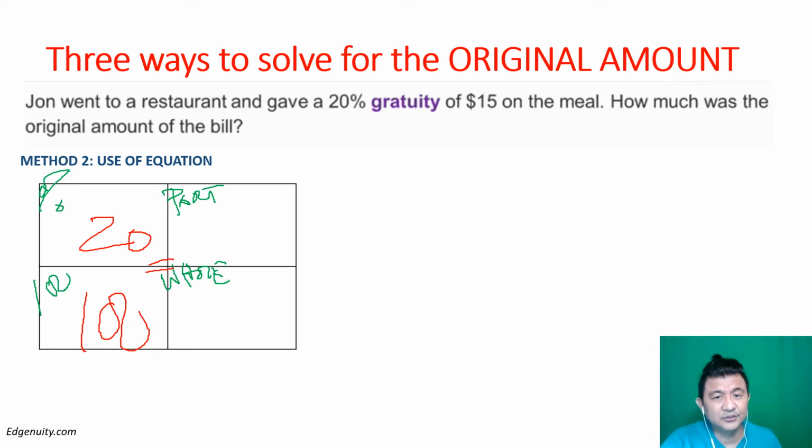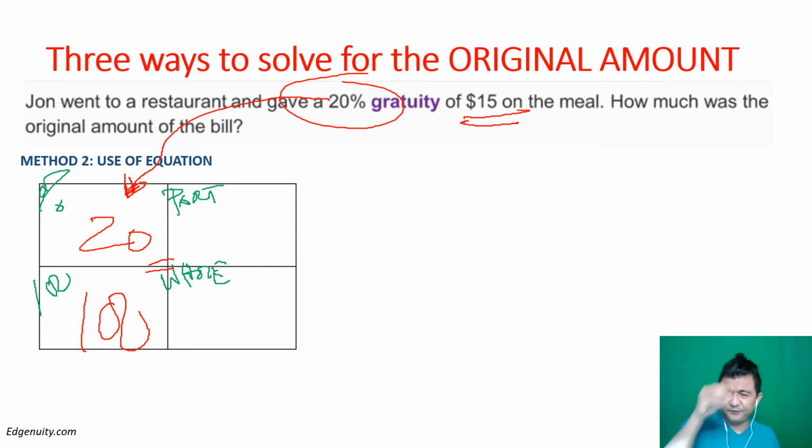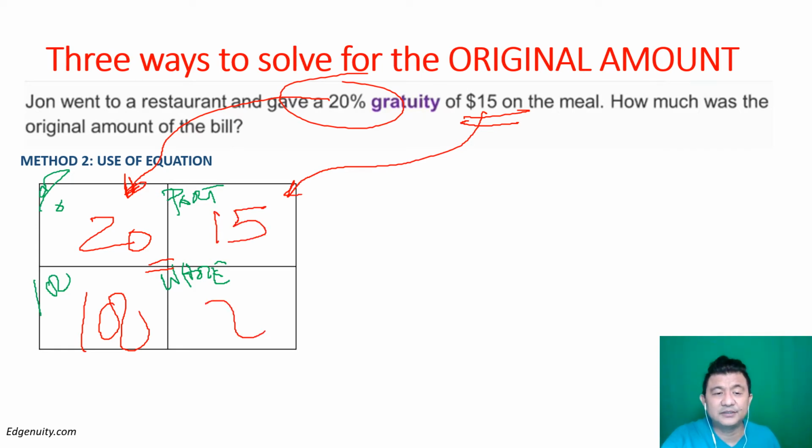And then the gratuity of 15. All right, the problem now is where to put the 15. Is the $15 a part or the whole? Think about it. Did I get that 15 from somewhere? Yes, I took that 15 from some whole number. So that 15 actually goes up here, and the whole now is missing.